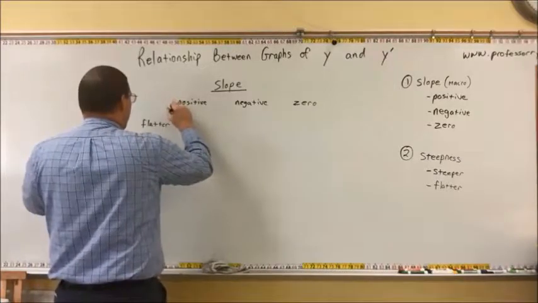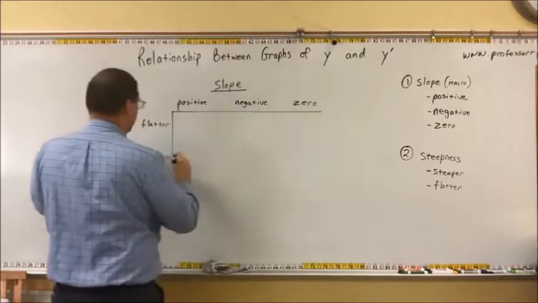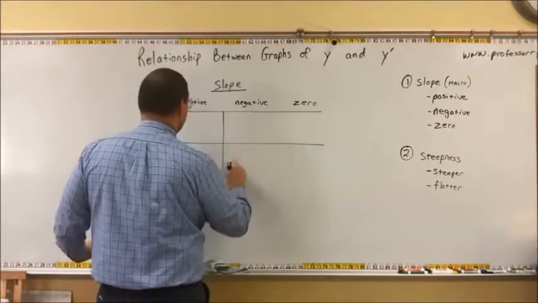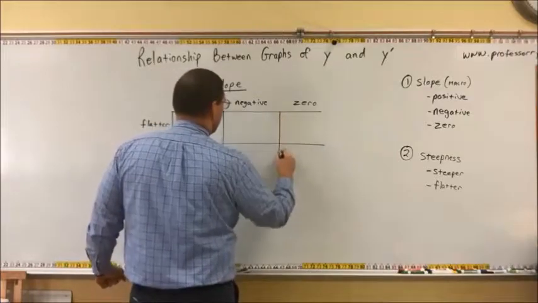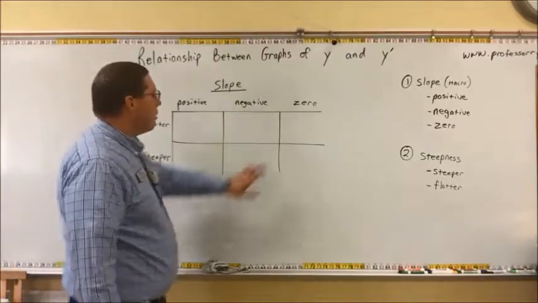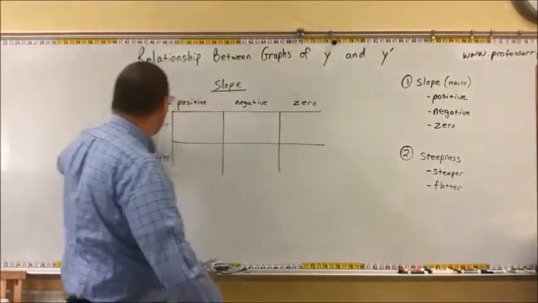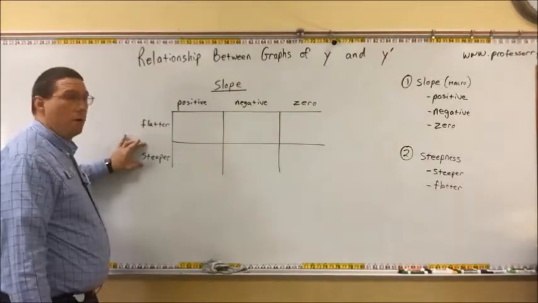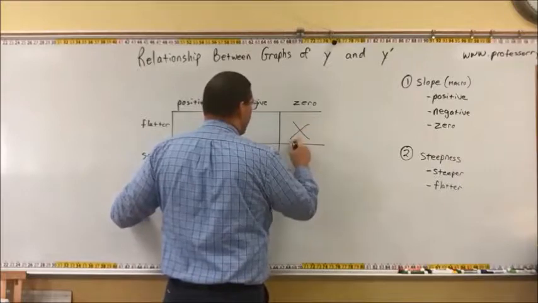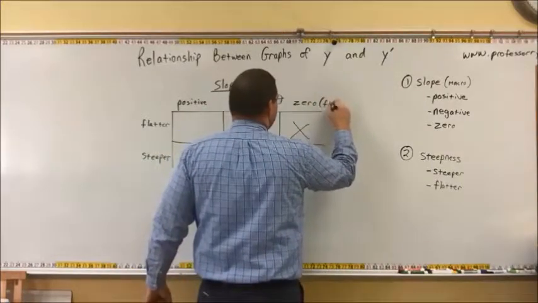And now I'm going to create a chart. Okay? Now, zero slope doesn't really count. Okay? We can't have a zero slope flatter or steeper. Okay? So zero slope, it is what it is. Zero slope just means it's entirely, completely, and utterly flat.